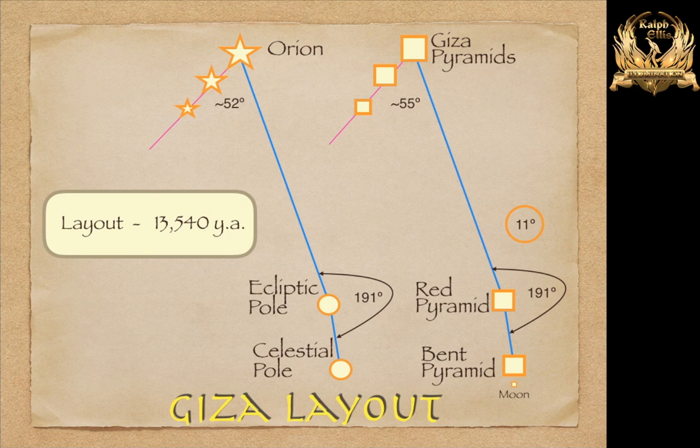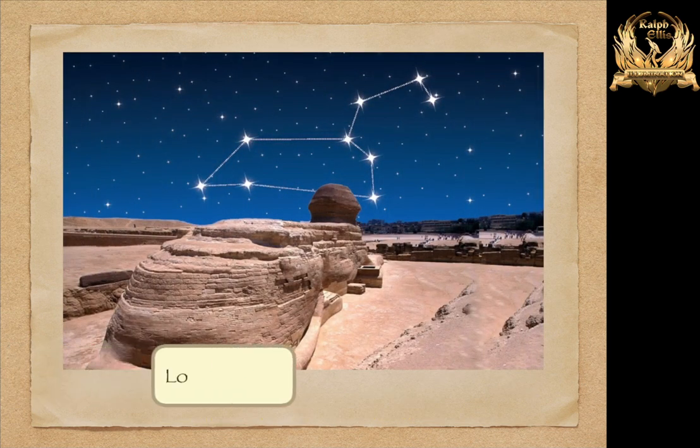So if this is what the designer of the Giza pyramids and the Dashur pyramids was thinking about, if this was one grand plan, as above, so below, mimicking the layout of the heavens above, then we can say that Giza and Dashur were built, the design date for these structures was 13,540 years ago. Much older than is given credit for.